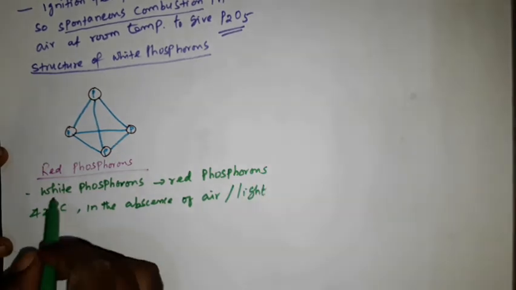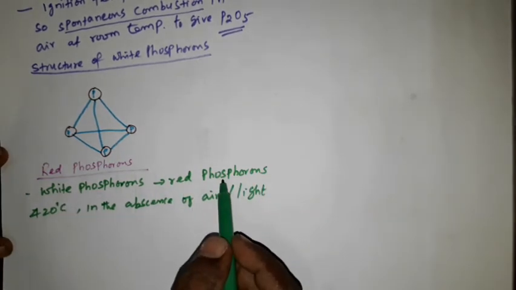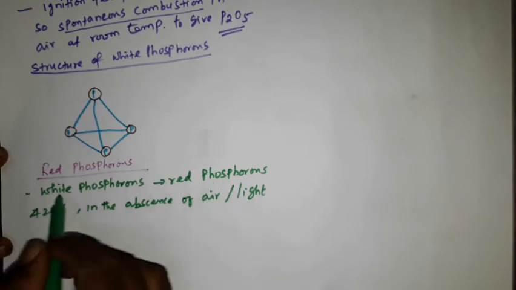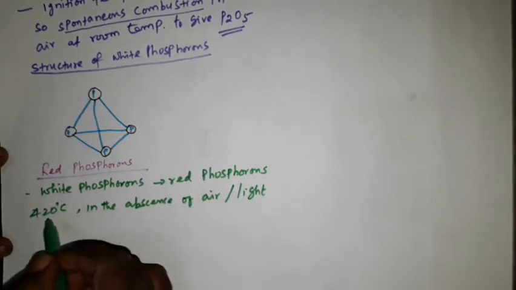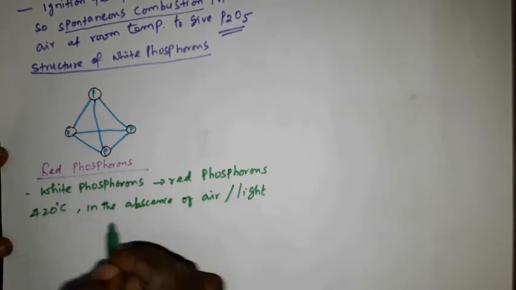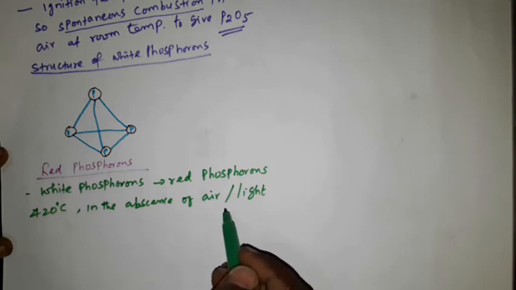Okay, so that white phosphorus can be converted into red phosphorus. How? That white phosphorus has to be heated up to 420 degrees Celsius in the absence of air and light.